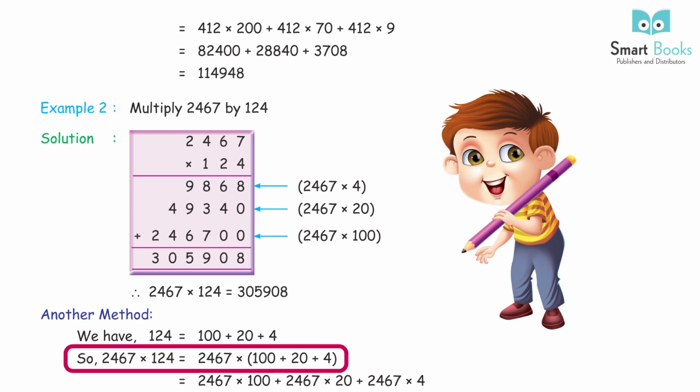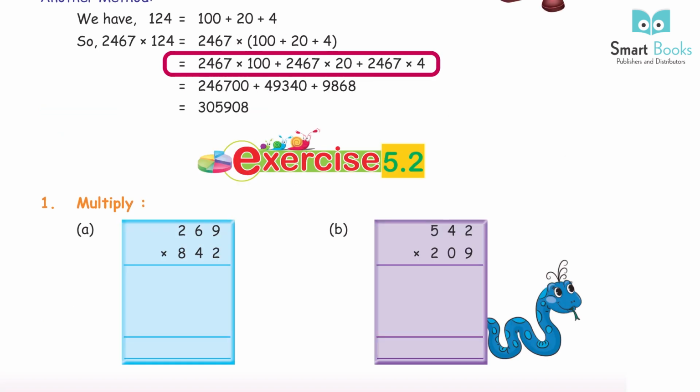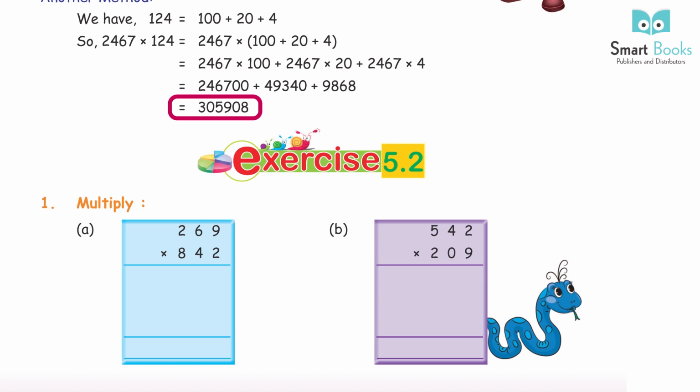So 2,467 into 124 is equal to 2,467 into 100 plus 2,467 into 20 plus 2,467 into 4, which is 2,46,700 plus 49,340 plus 9,868, equal to 3,05,908.